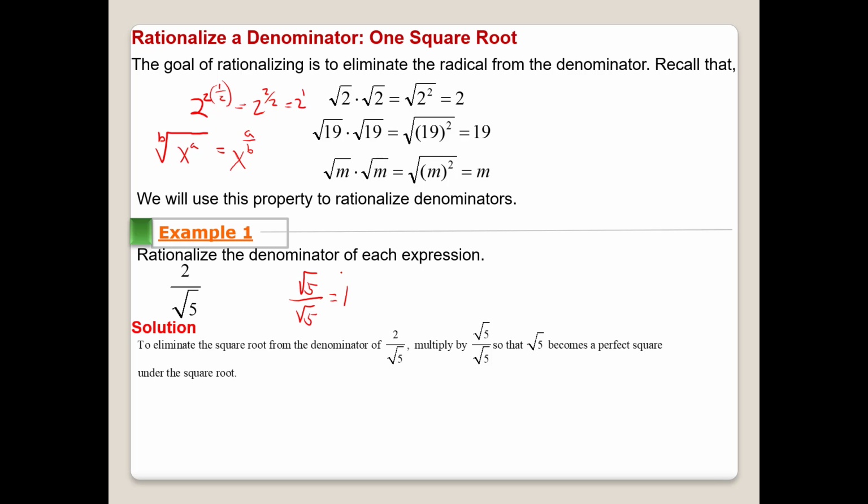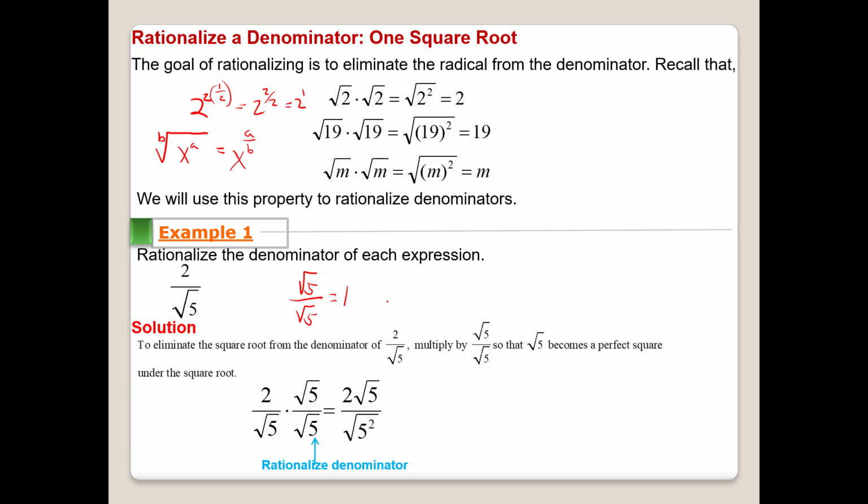If you multiply anything by 1, the numbers will change, but the overall value will not. So to get that radical out of the denominator, we take 2 over the square root of 5 and multiply it by the square root of 5 over the square root of 5.